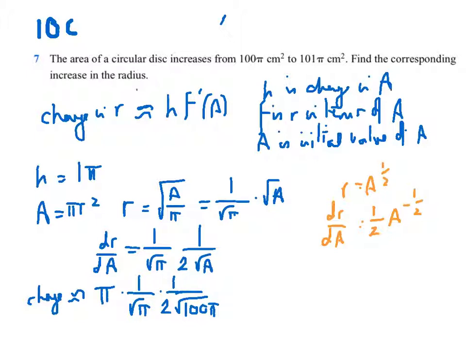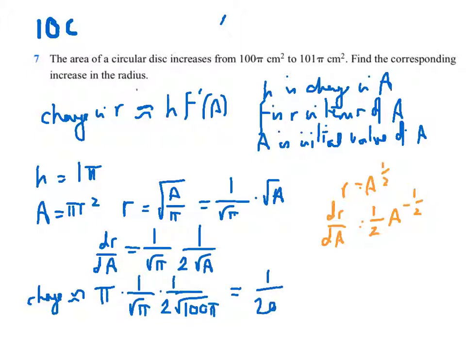We have here a pi times 1 over root pi times 1 over root pi. Root pi times root pi is pi, so you've got pi divided by pi, which just cancels. 1 times 1, there's also not much to say there. Divided by 2 times root 100. Well, root of 100 is 10, 2 times 10 is 20, so that gives, the approximation is 1 over 20.